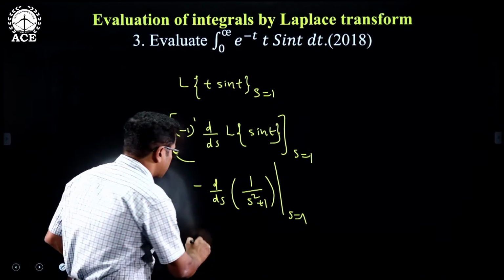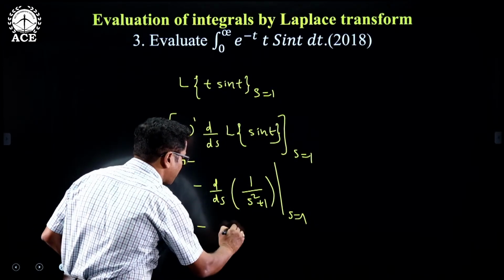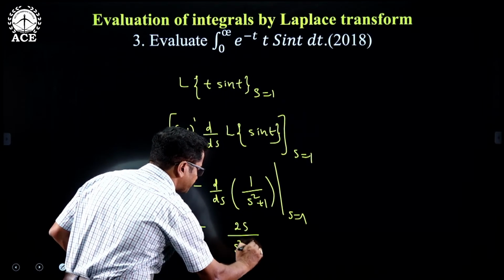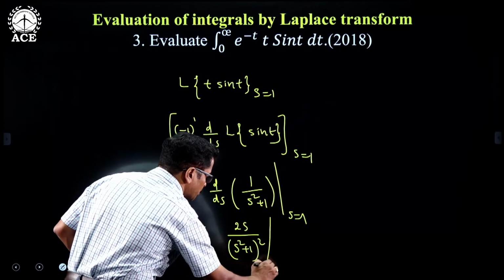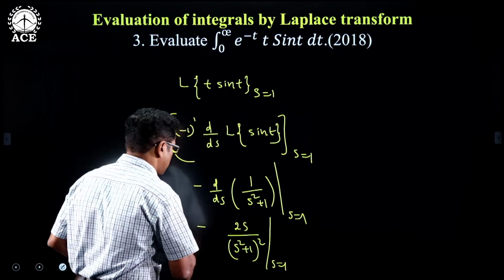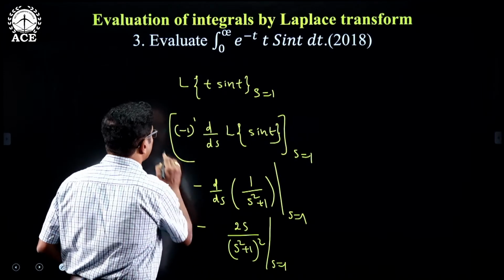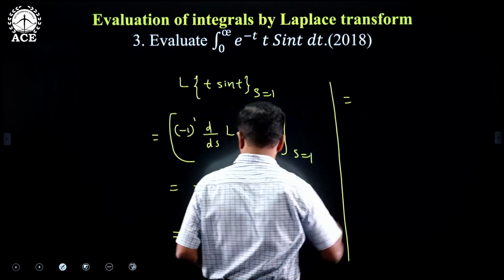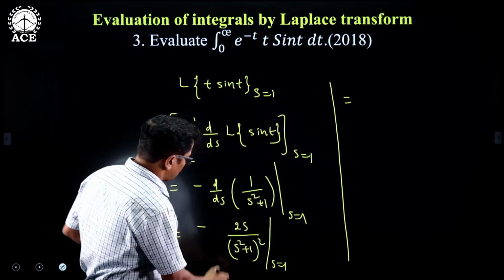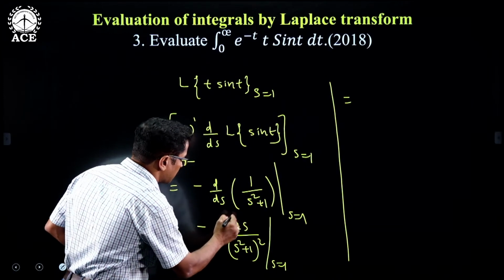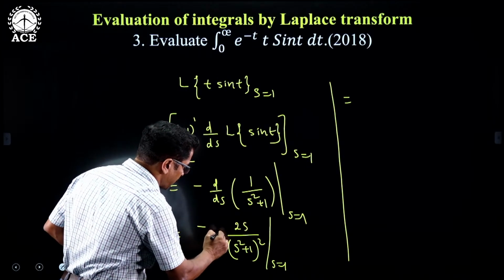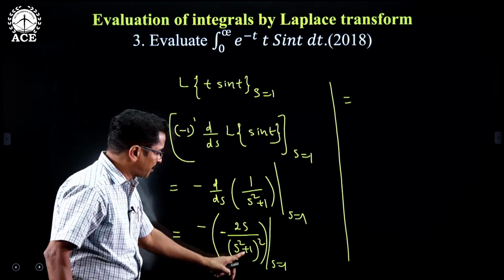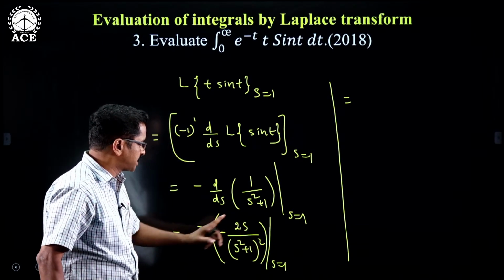Okay, d by ds of 1 by s square plus 1 means minus 1 by s square plus 1 whole square, and the differentiation of s square plus 1 is 2s.